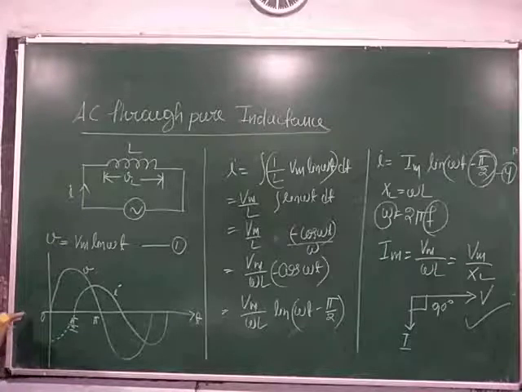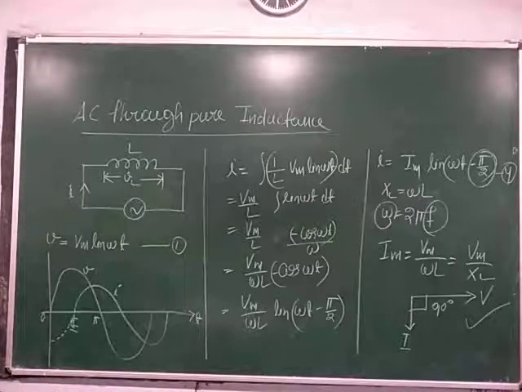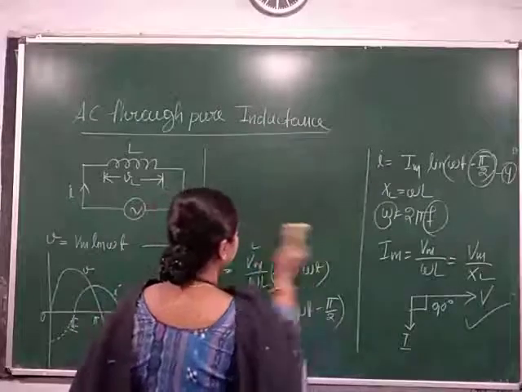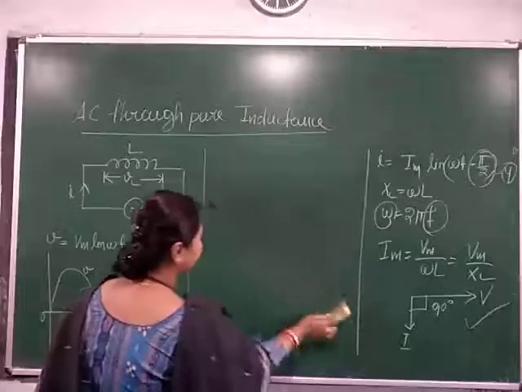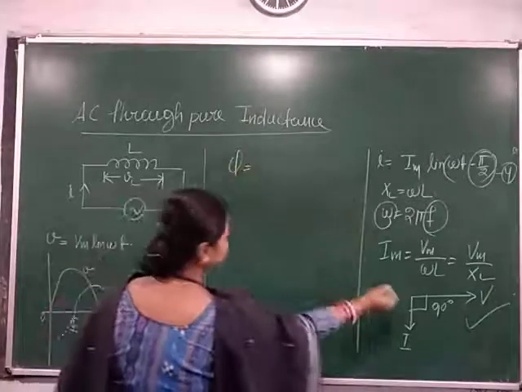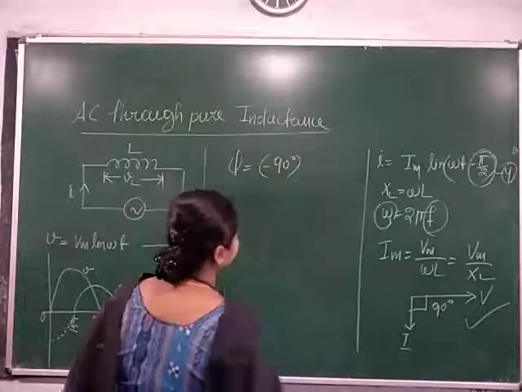Now, here, what is the power factor angle? Here, the power factor angle phi is equal to minus 90 degree. It is lagging.